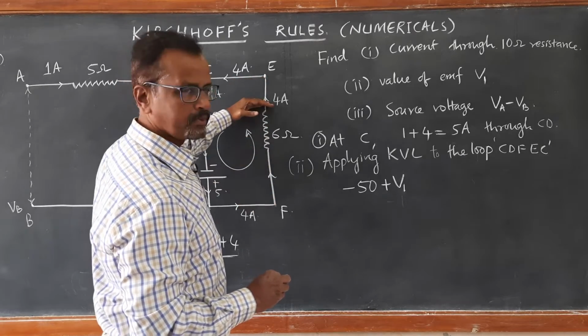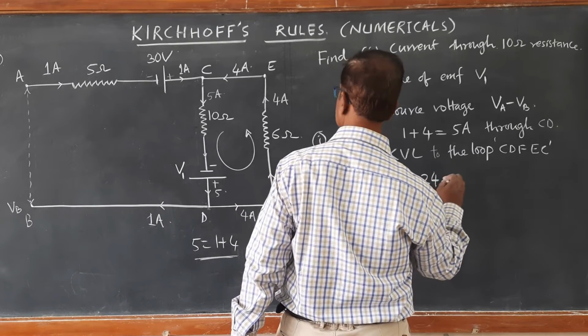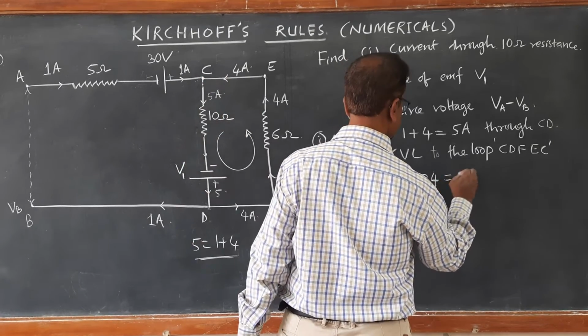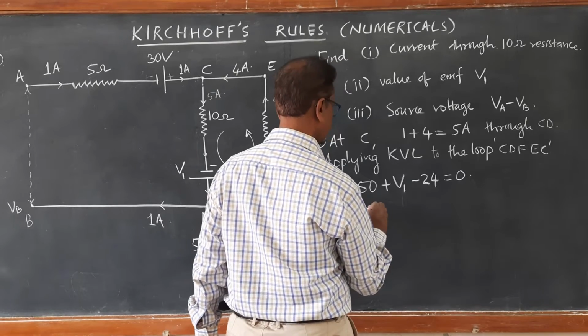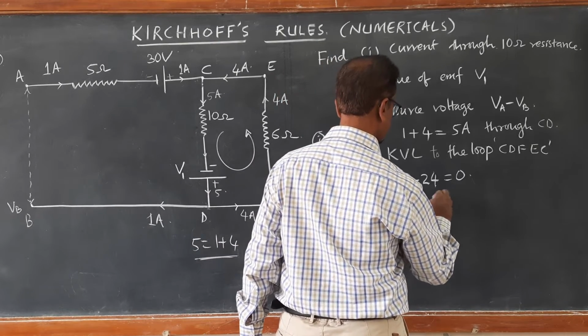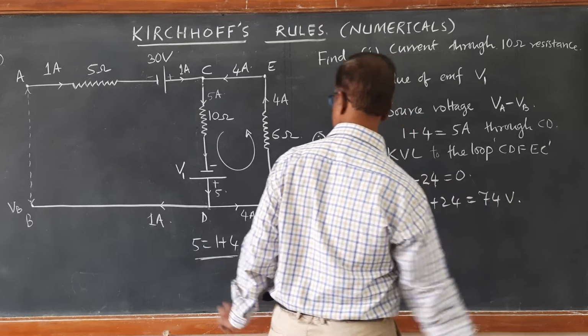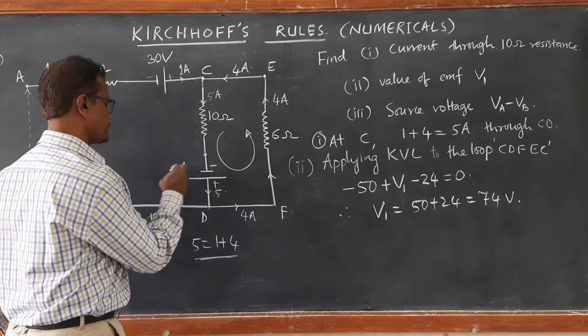Again there is a drop in potential, so it becomes minus 24 equal to 0. Therefore, V1 is equal to 50 plus 24, it becomes 74 volts. So V1 becomes 74 volts.